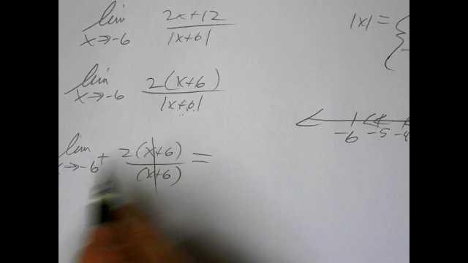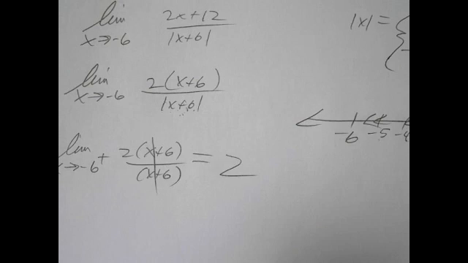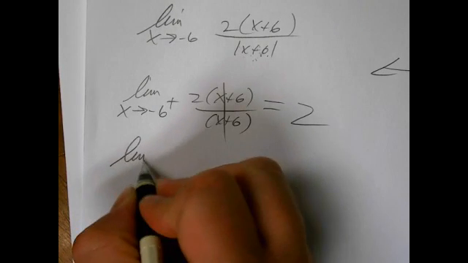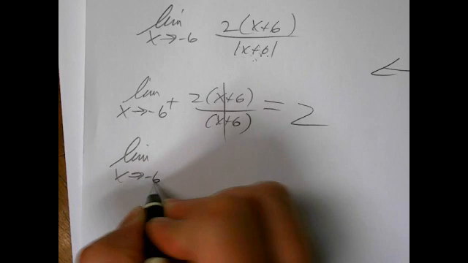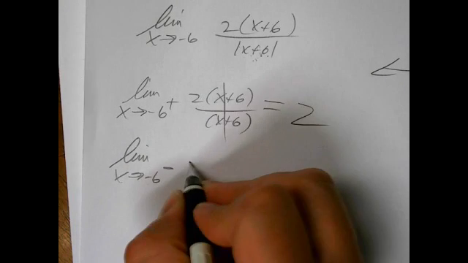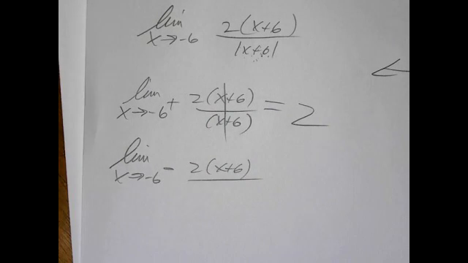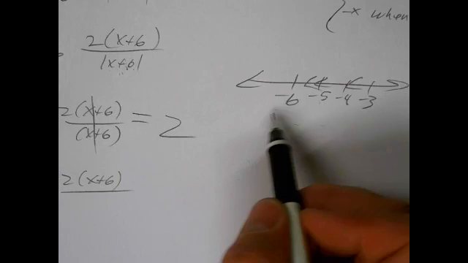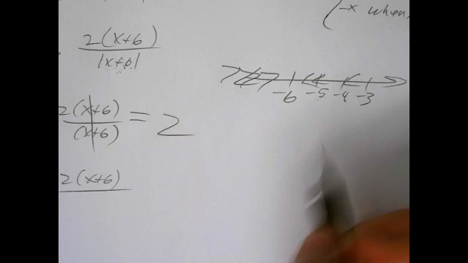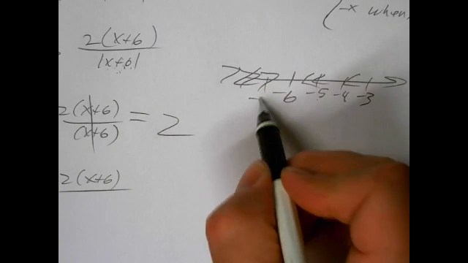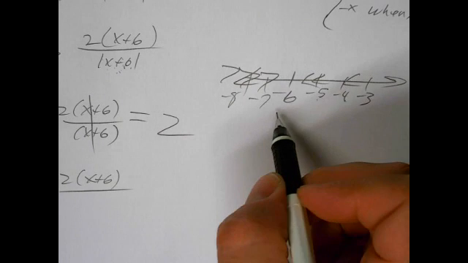This becomes a limit of a constant, so it turns out to be 2. Now, if we look at the limit as x approaches -6 from the left-hand side, that's 2 times x plus 6 over, what would it be over? As you approach -6 from the left-hand side, you're approaching from numbers like -7, -8, and so on.